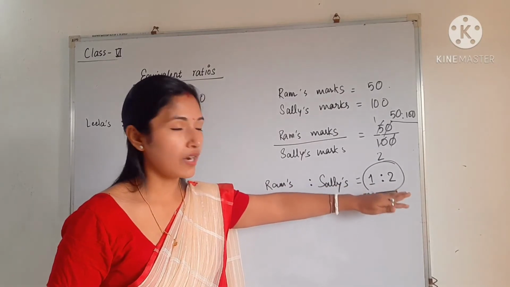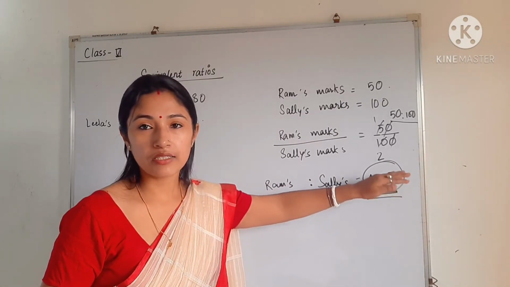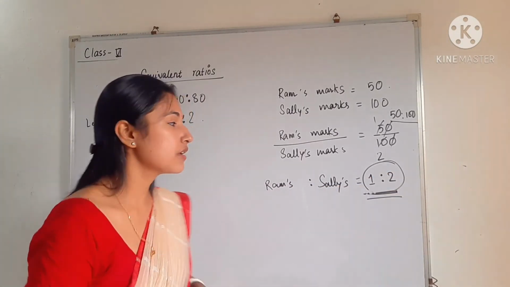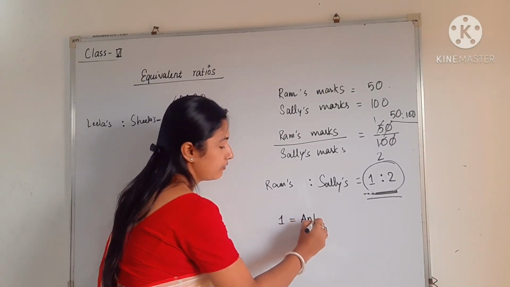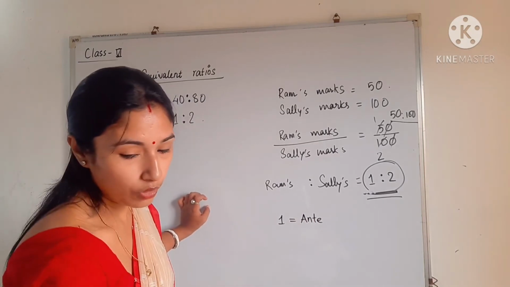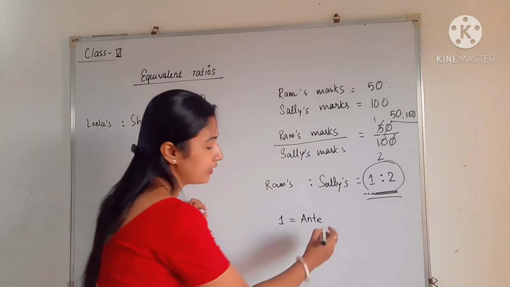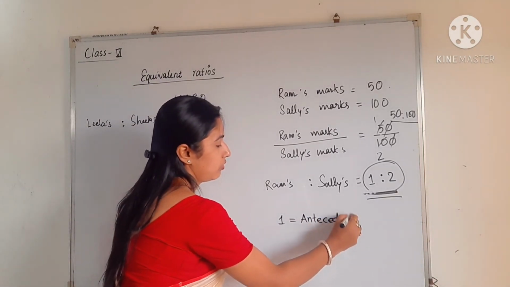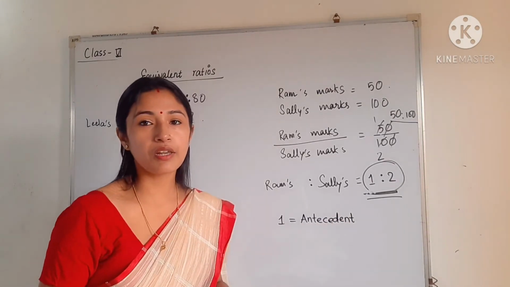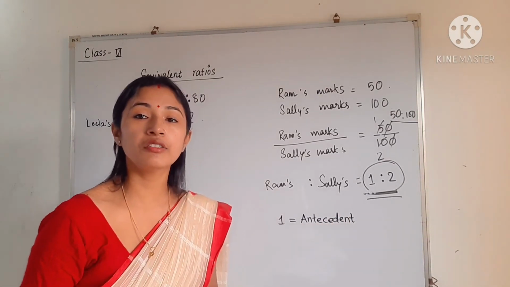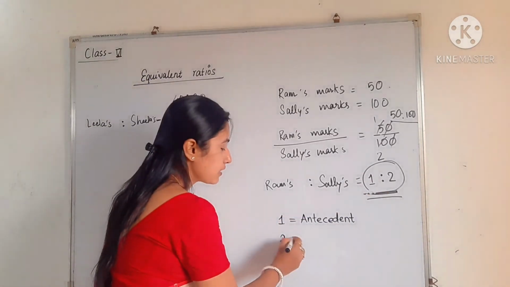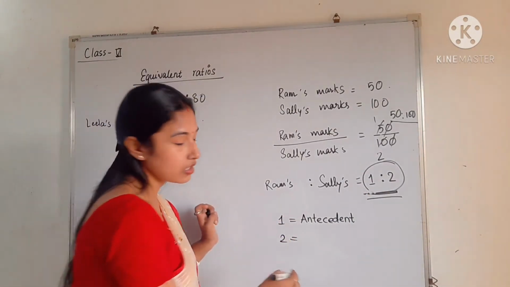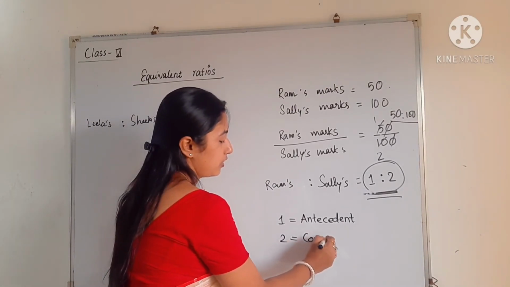So if we are writing in ratio form, then there is a name for it. Here 1 is called the antecedent, or in simple words you can say first term, and 2 is called the second term, or you can say consequent.